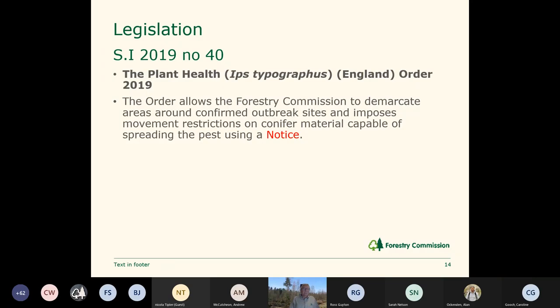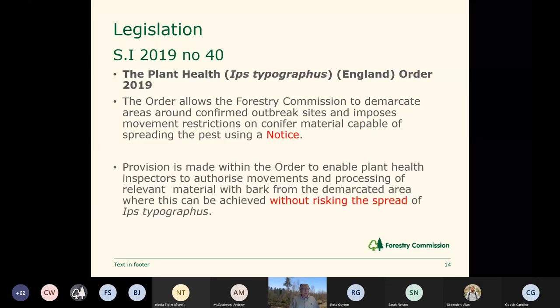As it happens, we've been able to specify spruce material in the notice, whereas if it came to it, we could put controls on all conifer movement within any outbreak or demarcated area. So in this order, we have the provision to enable plant health inspectors to authorise movement and processing of relevant material with bark from the demarcated area, where this can be achieved without risking the spread of Ips typographus.